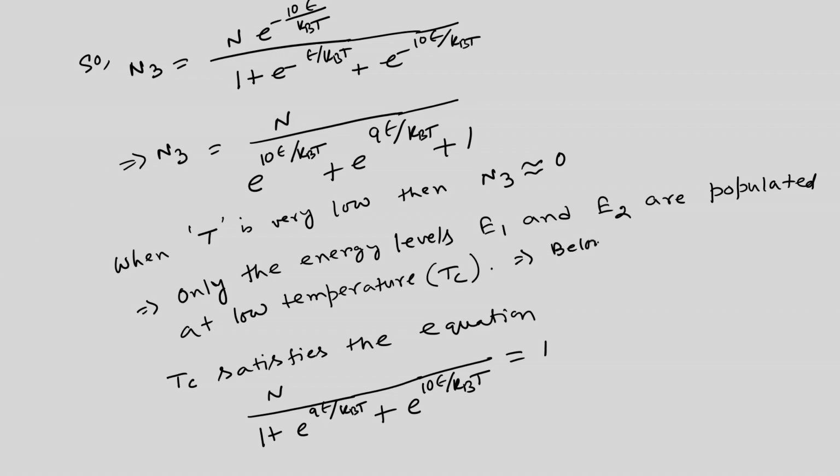So, at critical temperature Tc, there is only one particle in level 3, and below Tc there is practically no particle. So, below Tc, N3 goes to 0. So, at Tc we get this expression.